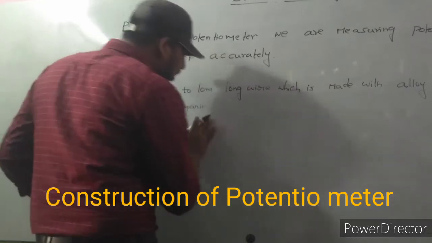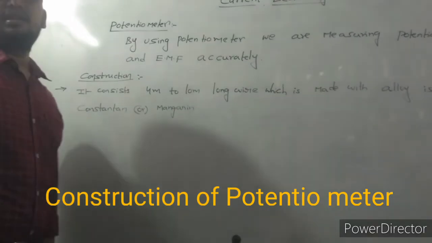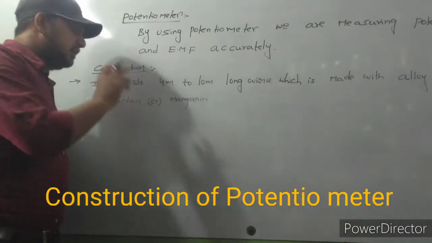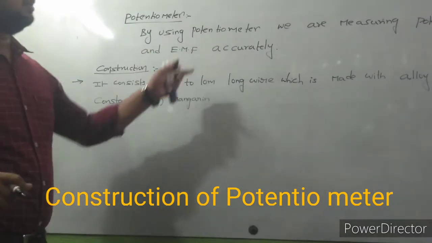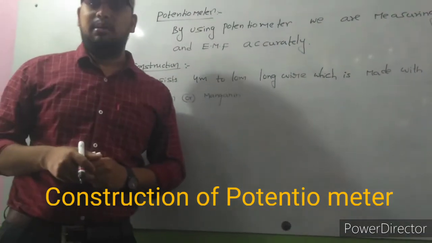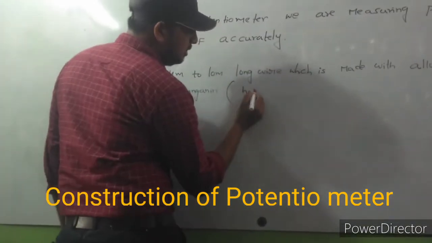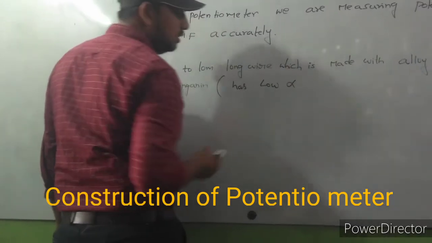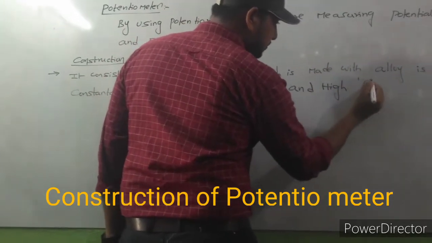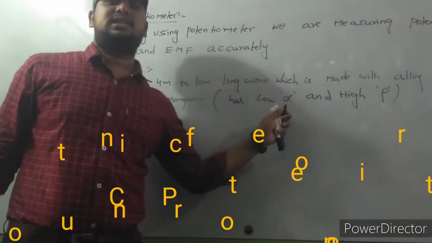And why are we using this Constantan or manganin? Why don't we use other materials? I think you got this doubt. Why are we using Constantan or manganin to prepare this 4 meter to 10 meter wire? Because Constantan and manganin have low alpha and high rho.